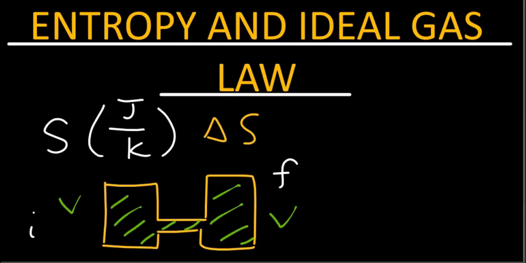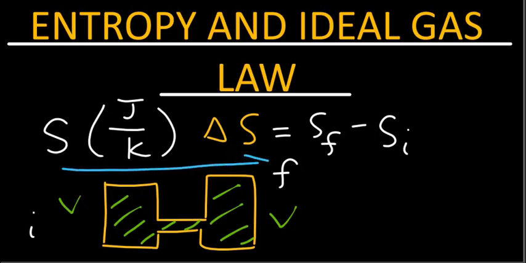So how do we determine the change in entropy, namely the entropy of the final state of the ideal gas minus the entropy of the initial state? We know the process from the initial state to the final state, in this case the expansion of this ideal gas, is an irreversible process.